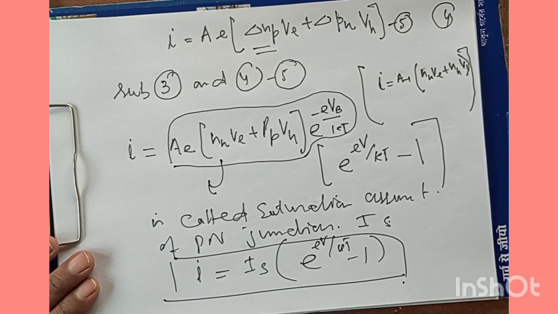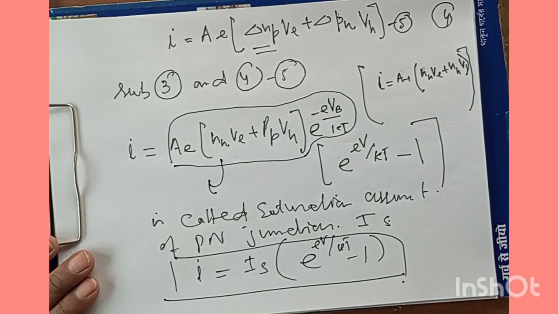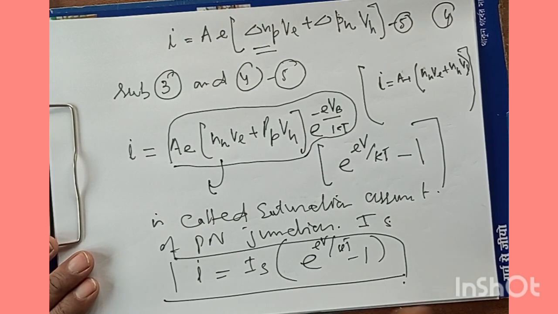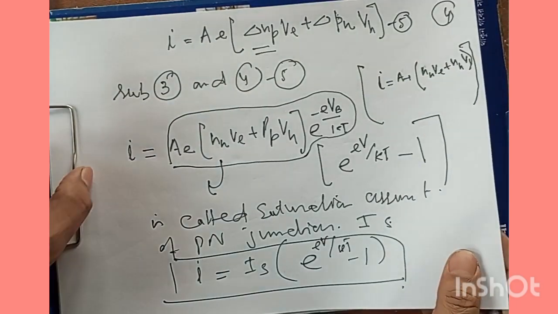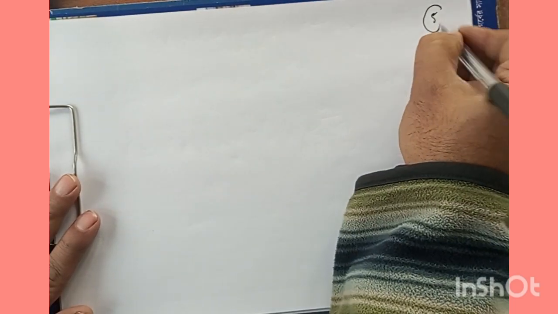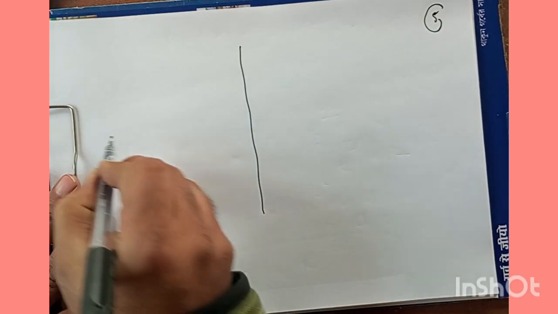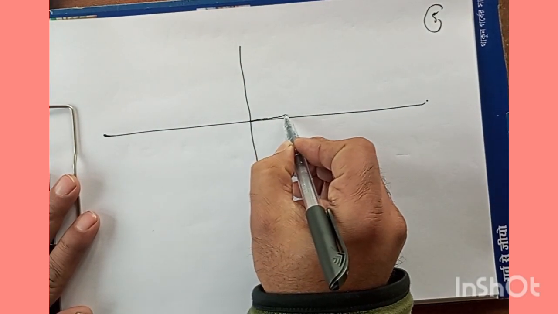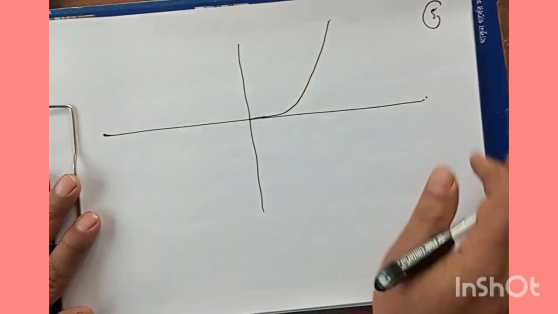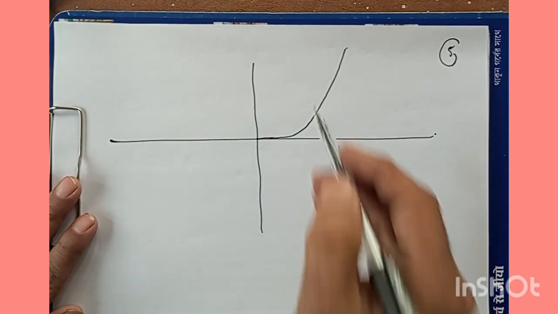And this diode equation is exactly consistent with what we observe in the experimental observations. If we go back to the concept of the PN junction, where we make use of forward biasing, we have a knee voltage, and then we have the rise in the current.